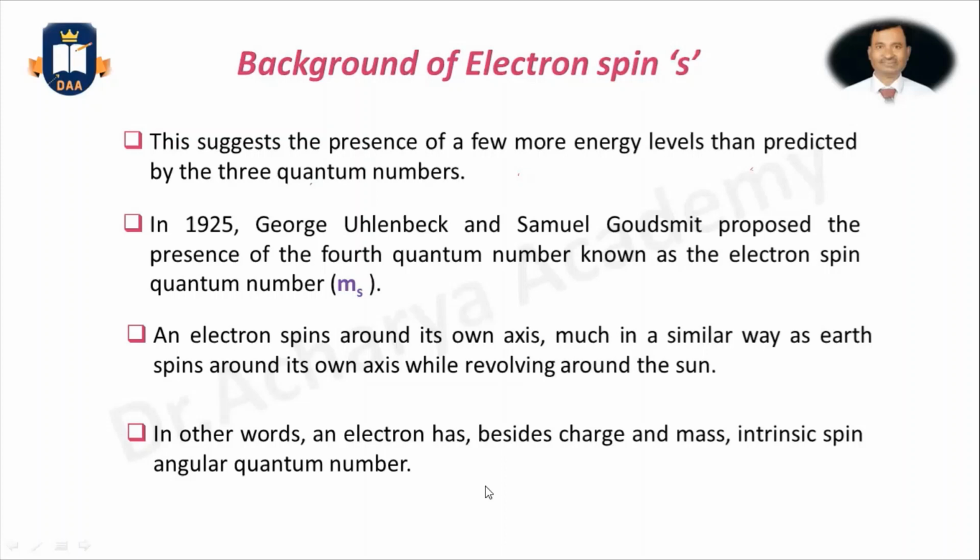That means the electron not only has charge and mass, it has the intrinsic spin angular quantum number. And that is why the doublet and triplet, that means very closely related energy levels in line spectra of multi-electron atomic systems, were found.